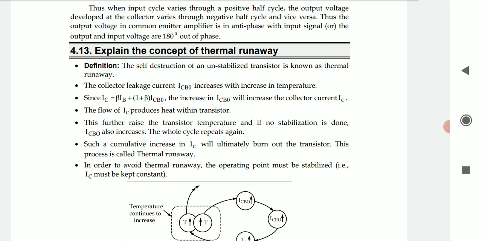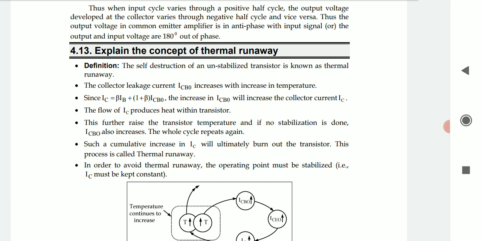Since the collector junction is always in reverse bias, it doesn't allow the flow of current due to majority charge carriers. But there will be minority charge carriers at that junction. Since the transistor is made of semiconductor material, and semiconductor material is sensitive to temperature, when the reverse bias voltage increases, the temperature at the junction also increases.